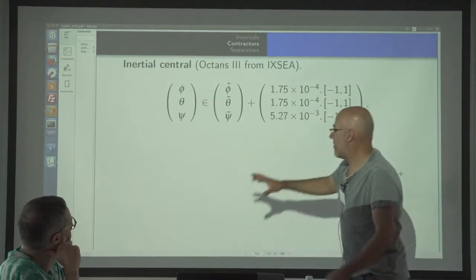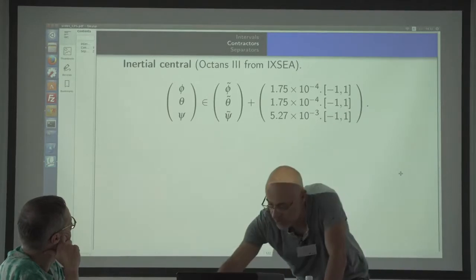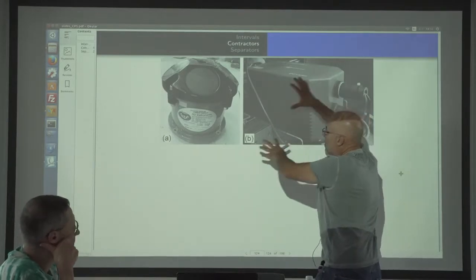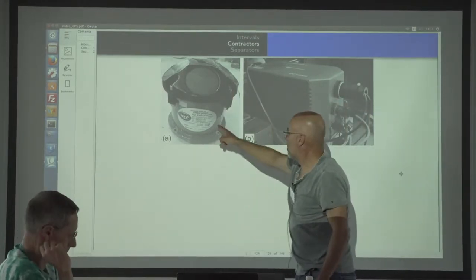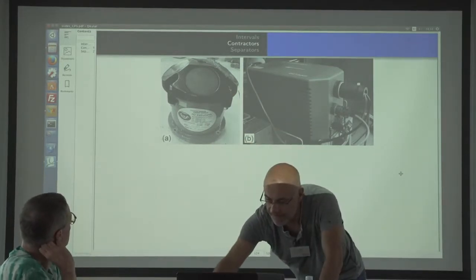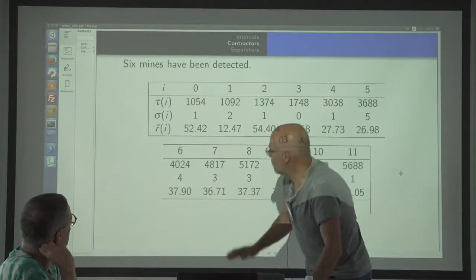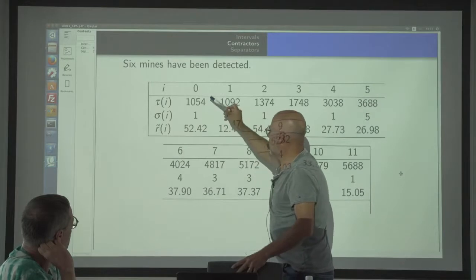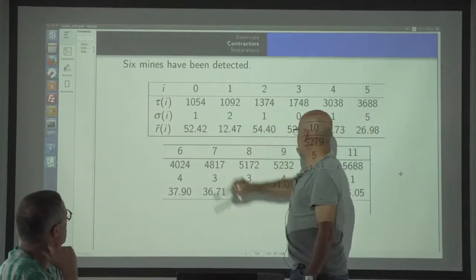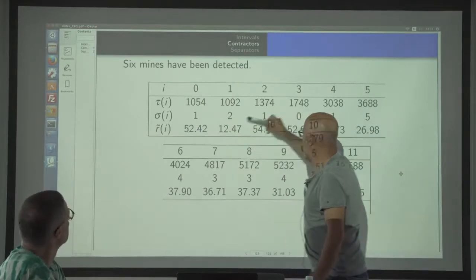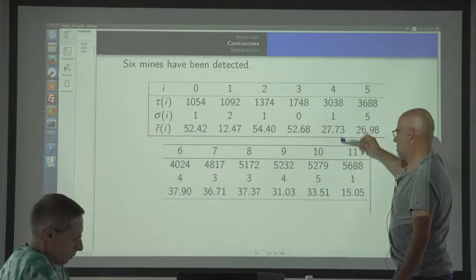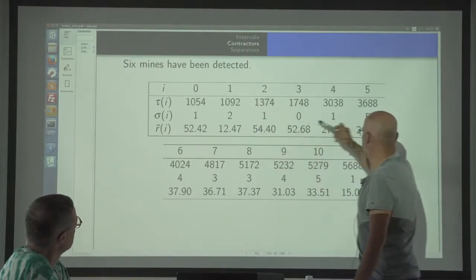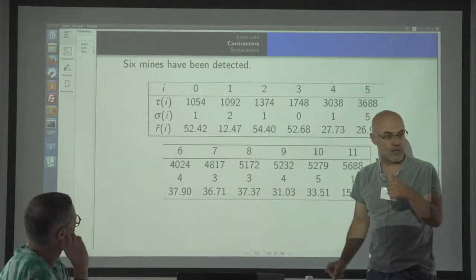And you also have the inertial unit, which gives you the angles of the submarine. You also measure the speeds using a Doppler system. And at the end, you are able to see some marks. So the mark, for instance, number 1, has been seen the first time, second time, so 4 times, okay? The mine number 2 has been seen only once, okay?